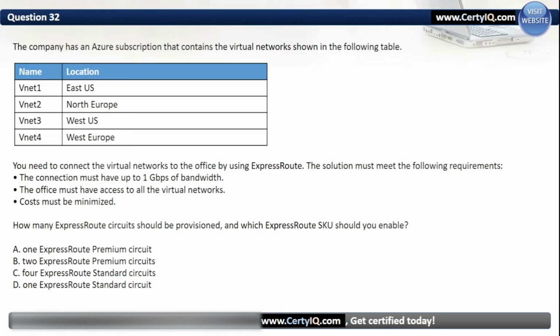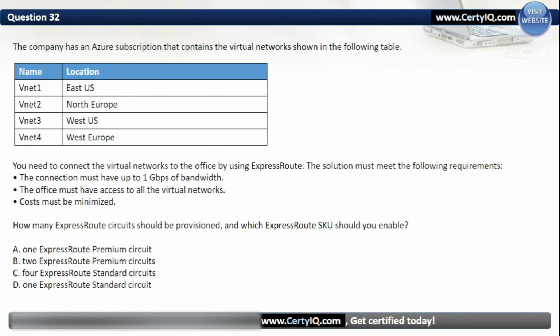Question 32. The company has an Azure subscription that contains the virtual networks shown in the following table. You need to connect the virtual networks to the office by using Express Route. The solution must meet the following requirements. The connection must have up to 1 Gbps of bandwidth. The office must have access to all the virtual networks. Costs must be minimized.